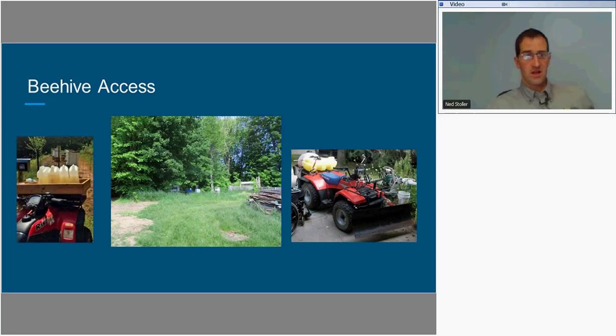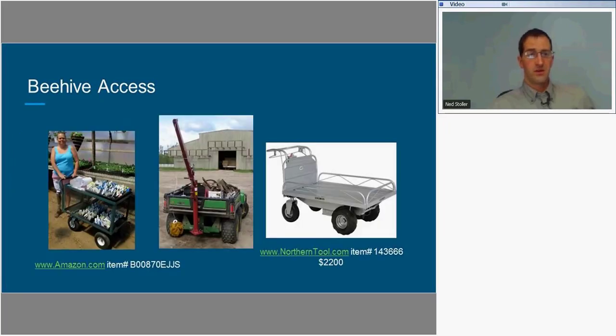But really, we're talking a lot about using ATVs and utility carts, or having a driveway that you can get a pickup truck or vehicle right out to your bee yard. The picture on the right is an electric material handling cart from Northern Tool. It's $2,200, but it's a 24-volt walk-behind cart that is powered.